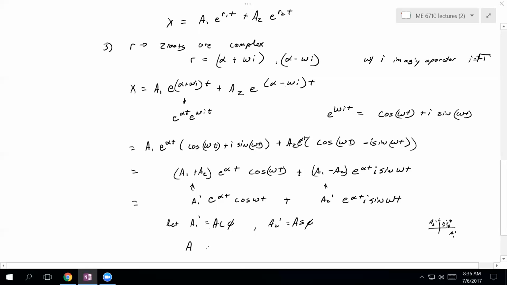So I'm going to get A times e to the alpha t times cosine of phi cos omega t. I lost a sign somewhere. I think I put a negative sign in here.